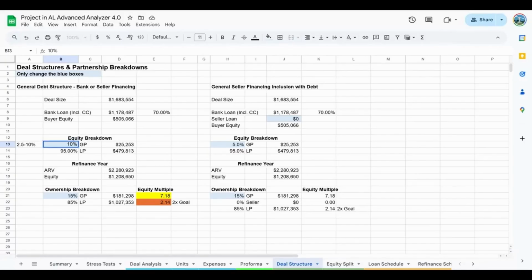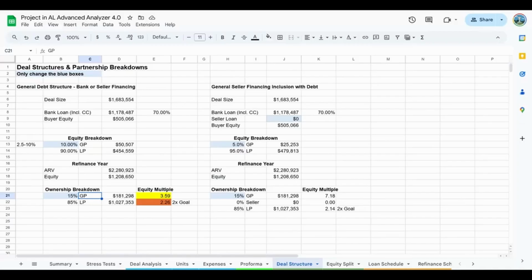So if we come in and say the general partners want to put down 10%, that actually increases the limited partners' return. Now the bottom portion is the ownership breakdown. The ownership breakdown is how the cash flow is going to be distributed on a monthly basis.